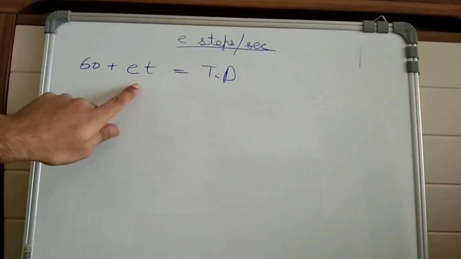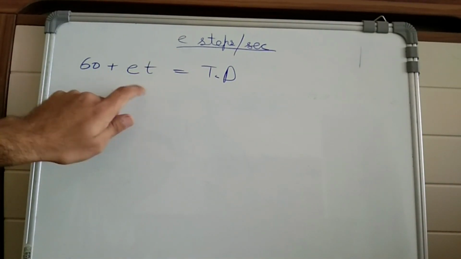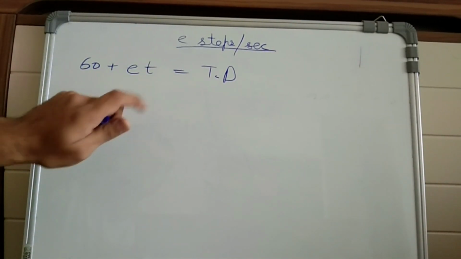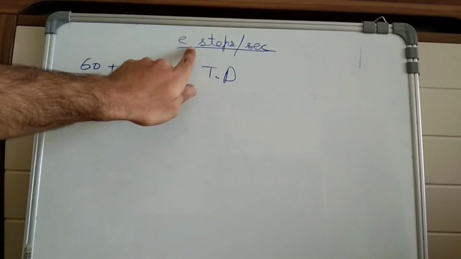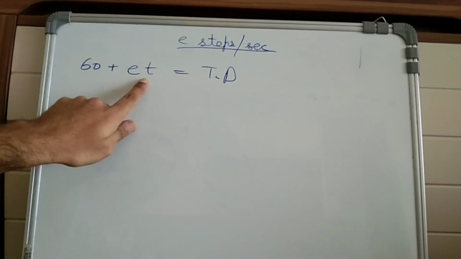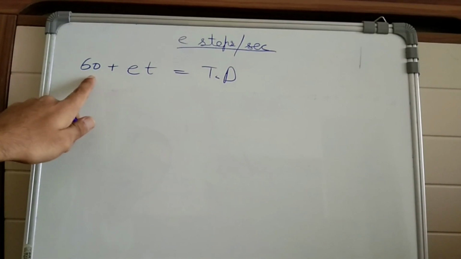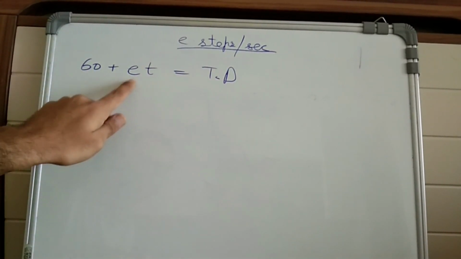So in that time t, escalators take et steps, because escalators take e steps in 1 second, so in t time it will take et steps. So this is the number of total steps, 60 plus et.